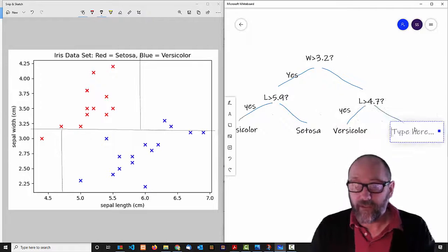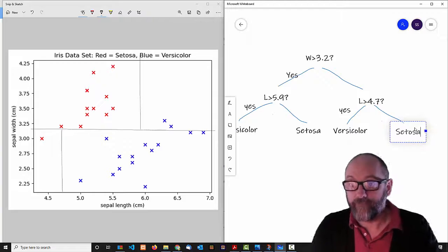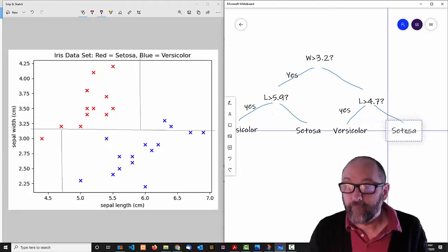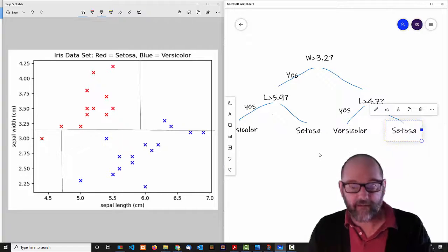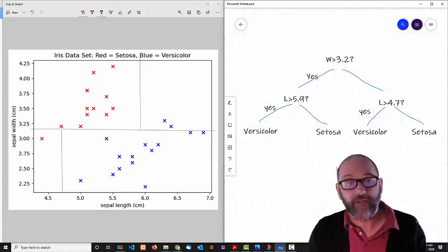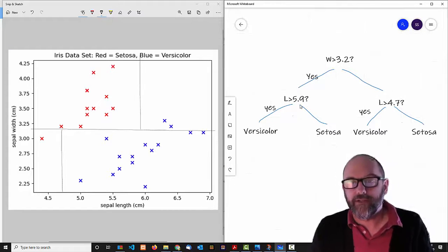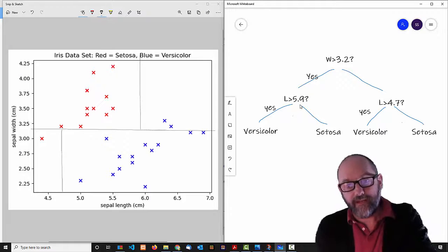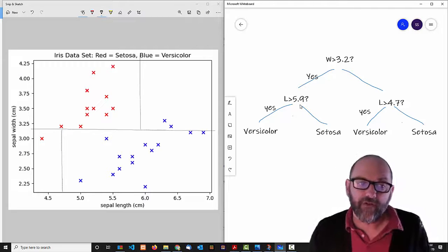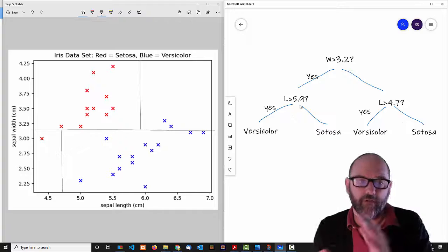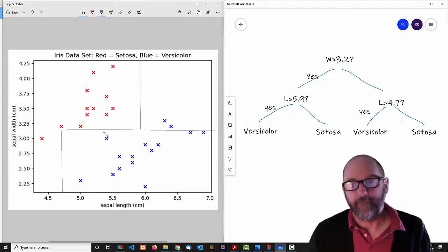So we answer over here setosa, like that. So that then is our final tree, and this is what the division of the data looks like. Each one of these questions works on a different subset of the data to divide that data in two by drawing a vertical or a horizontal line in the data.